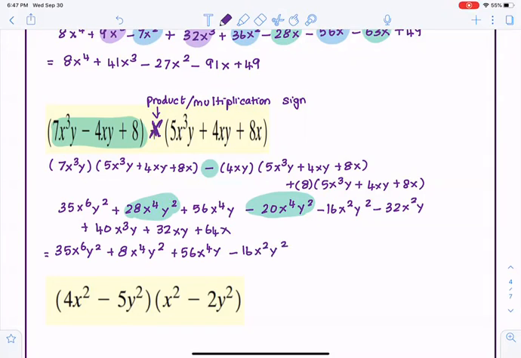And negative 32x squared y, there isn't another x squared y term. 40x cubed y, there isn't another x cubed y term. 32xy, there isn't another xy term. And lastly, we have 64x.